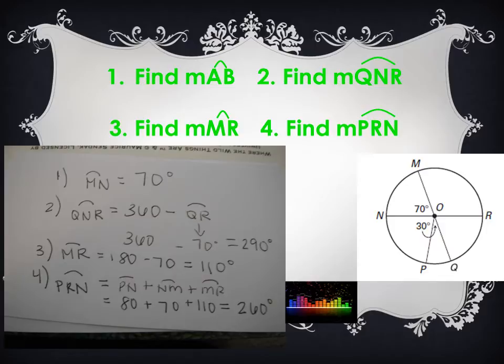Arc PRN is made up of PN, NM, and MR. We know what each of those arcs are, so we can use the arc addition postulate and add all three of them up, and we get arc PRN to be 260 degrees.